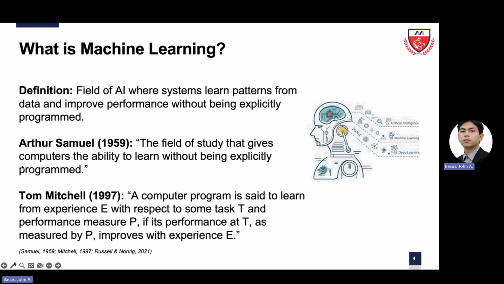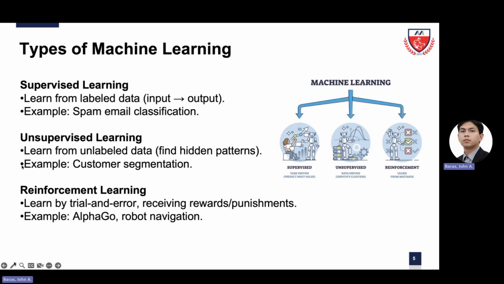Like ChatGPT, we prompt. This is what we call prompt engineering. We train it to be smarter and to give the output that we want.